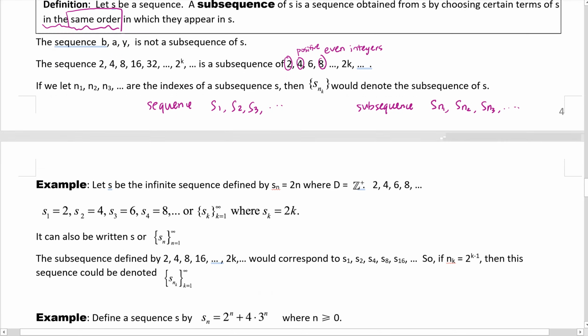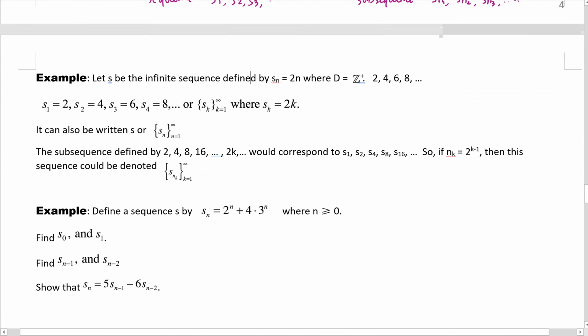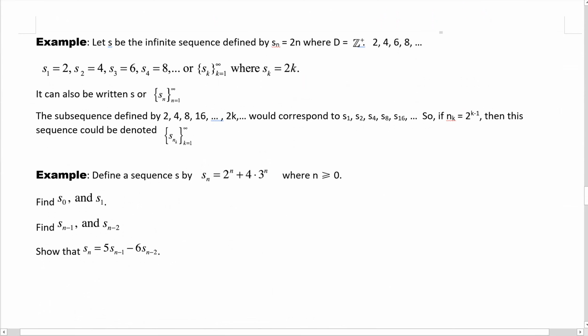All right, let's continue. Example: let S be the infinite sequence defined by S_n equals 2n, where D is the positive integers. So this is a sequence of even numbers. Then S1 is 2, S2 is 4, S3 is 6, and S4 is 8. This is the sequence with the index 1, 2, 3, 4, 5.